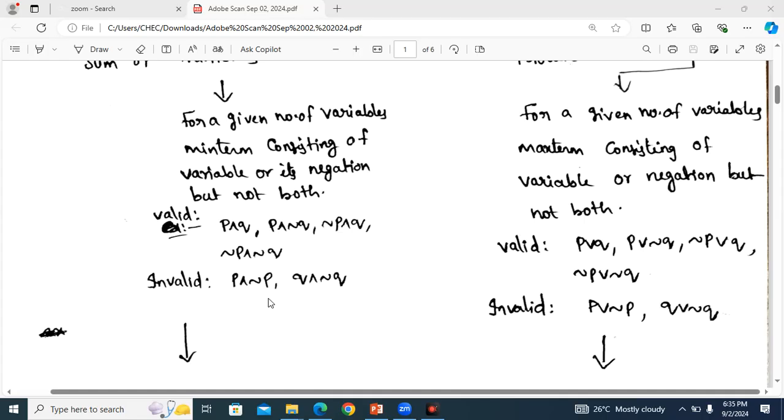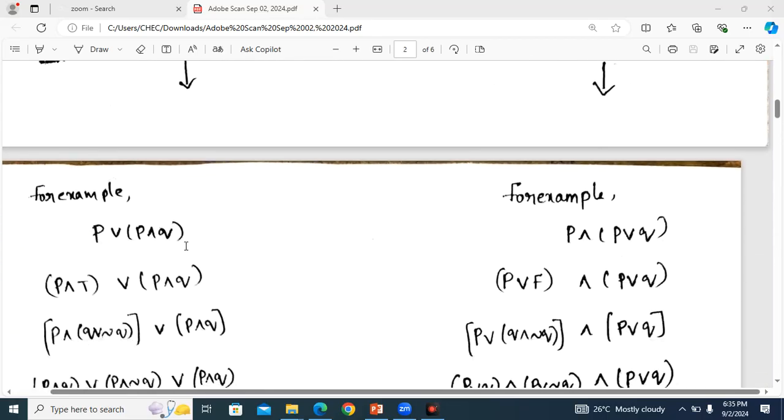So, for example, P or (P and Q) is a compound statement. Obtain the PDNF from this compound statement.